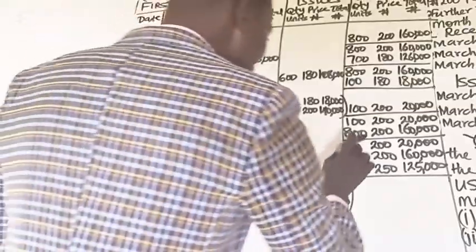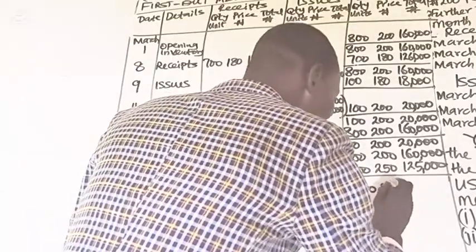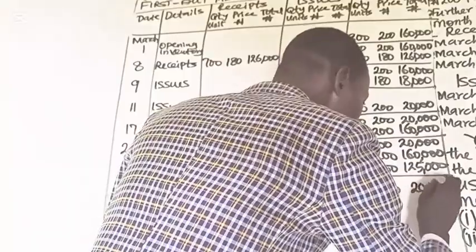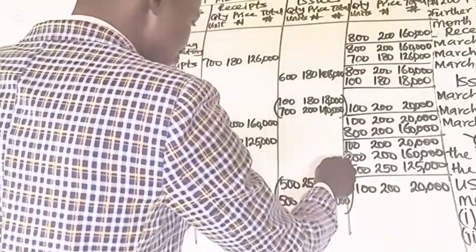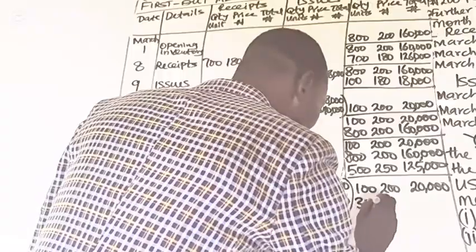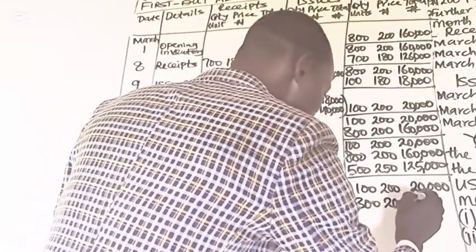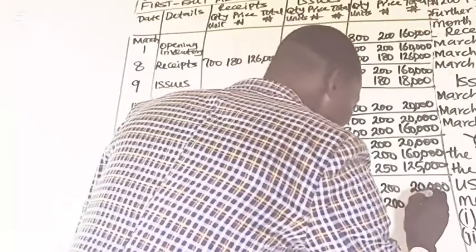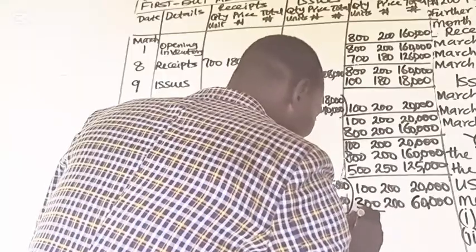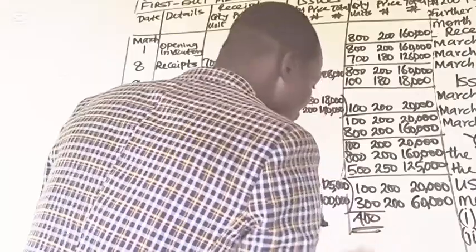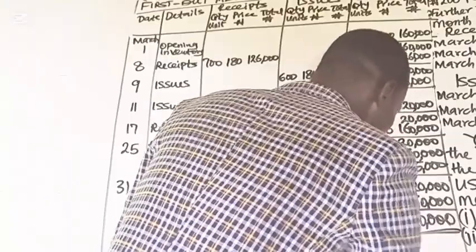Then the closing inventory, now you are left with 100 units at the price of 200. That amounted to 20,000. Then from this 800, you have issued 500. You are left with 300 units at the price of 200. That is valued 300 times 200, that is 60,000. So the sum of this is 400. The closing inventory is 400 units, and the value is 80,000.